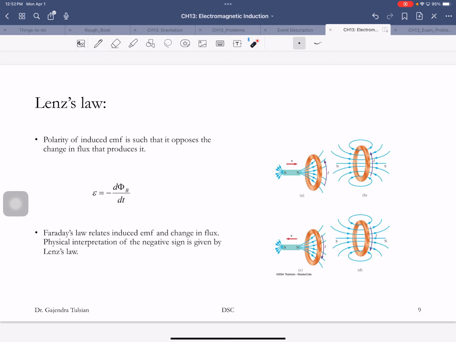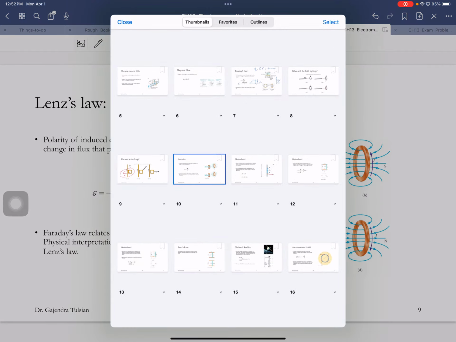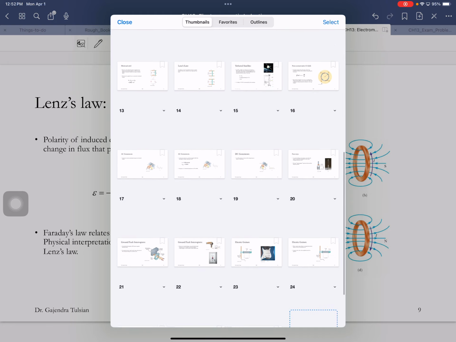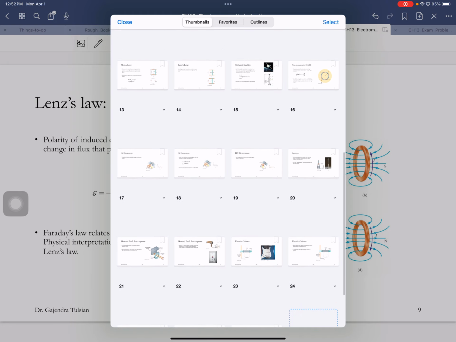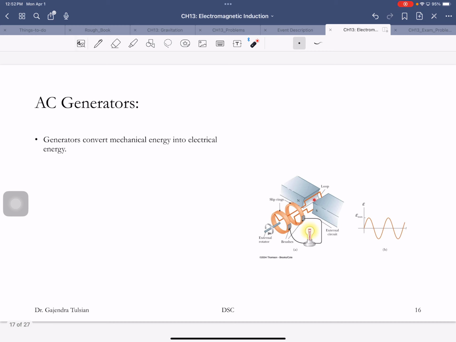And like we saw in the generator, it's hard to keep the magnet moving, so instead what's easier to do is to turn the loop. And you induce an electric current.